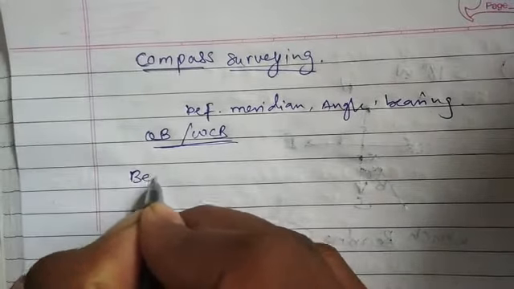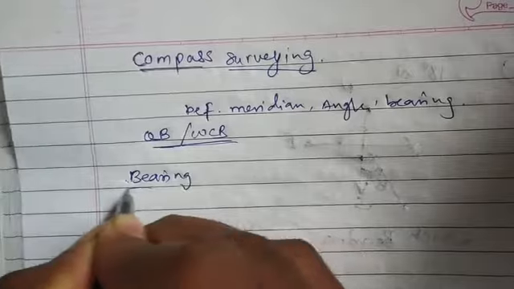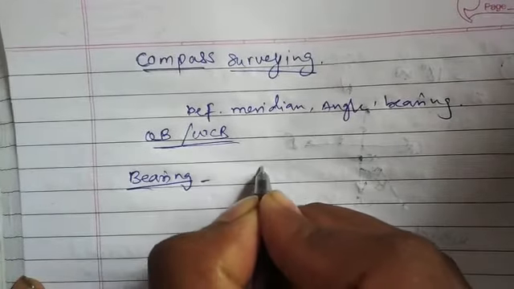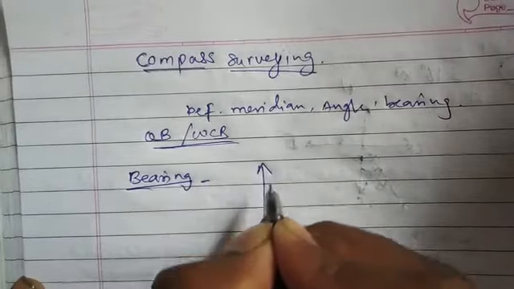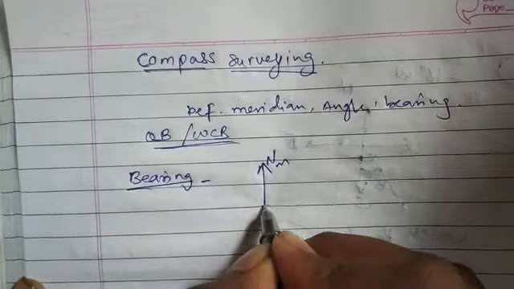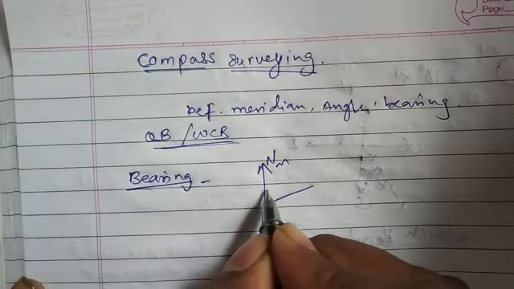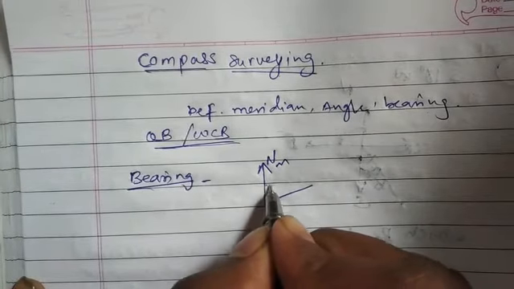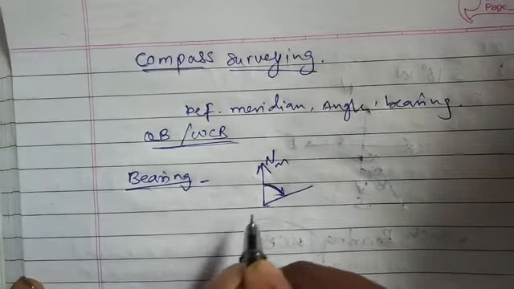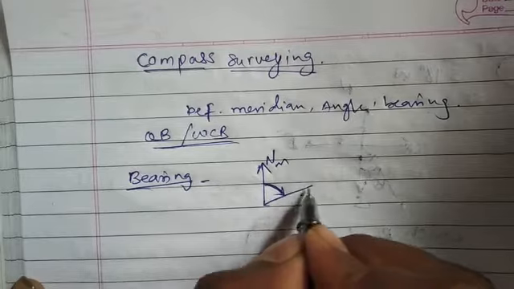Bearing is nothing but the angular distance of a line from any reference line. Suppose this is the reference line, north, magnetic north it is. If this is a given line, then this angular distance may be called the bearing of this line.